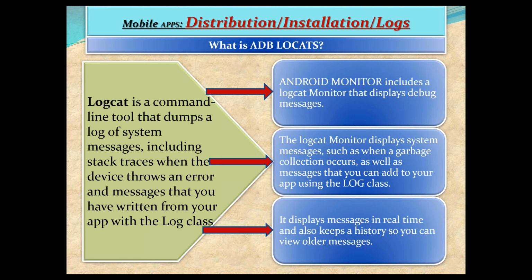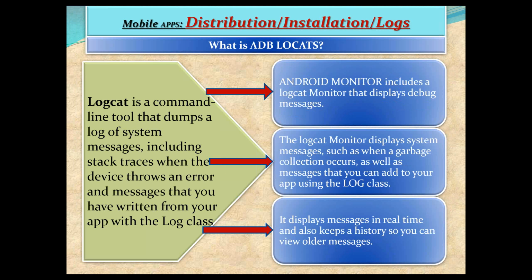So basically it is the Android monitor where you get all these logs, and it displays the debug messages, when garbage collection occurs, as well as messages that you can add to your app using the Log class. It also displays messages in real time, guys.